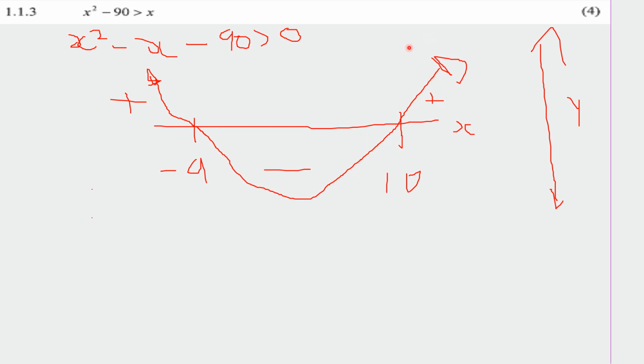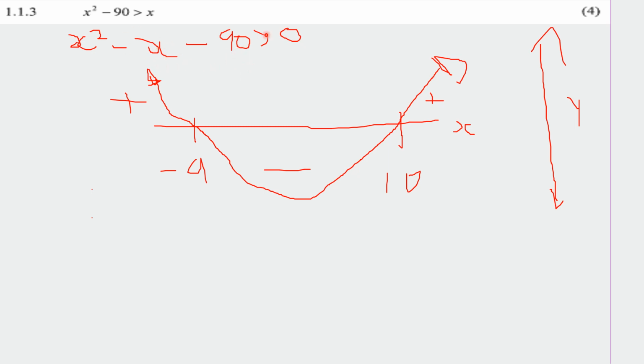Now, remember, all this x squared minus x minus 9 is a function which we now draw here, which is a parabolic function. And this inequality asks: where is this function positive? Remember, the function f of x is equal to y.